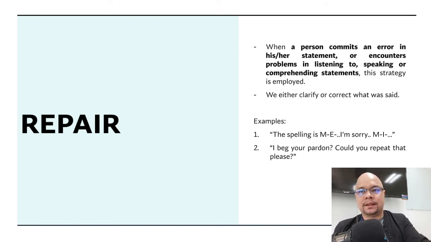See? M-E was the wrong spelling. So the speaker said, I'm sorry, M-I. That is repair. Second, I beg your pardon, could you repeat that, please? Because the person listening to the speaker was not able to catch what the speaker was saying, he or she asked that the statement be repeated.